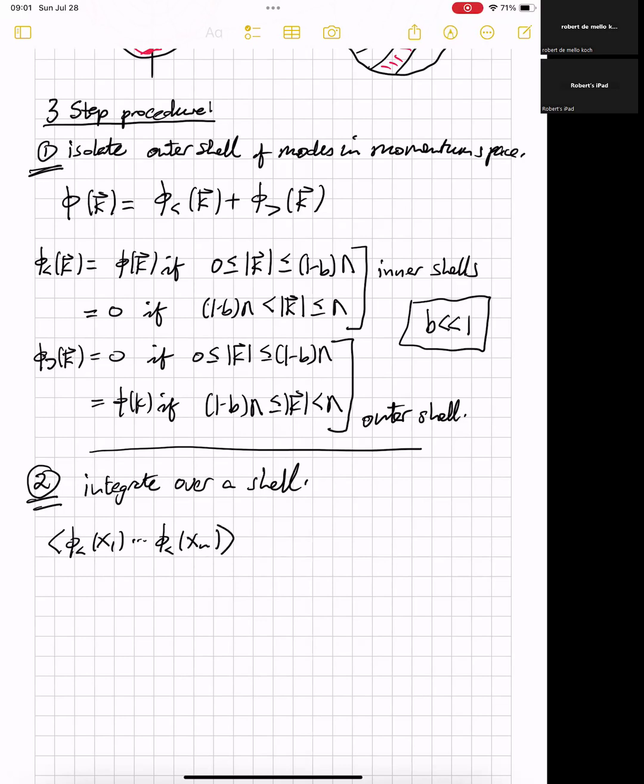So what would this correlator be equal to? It will be an integral over d phi less than. We'll have our modes, and we will have the action.